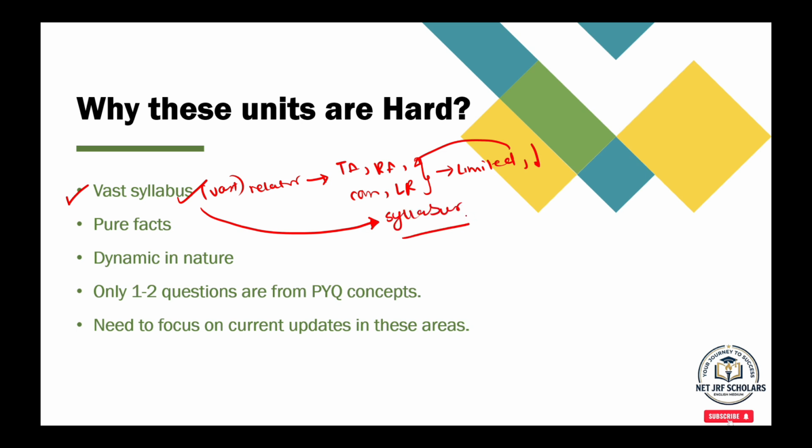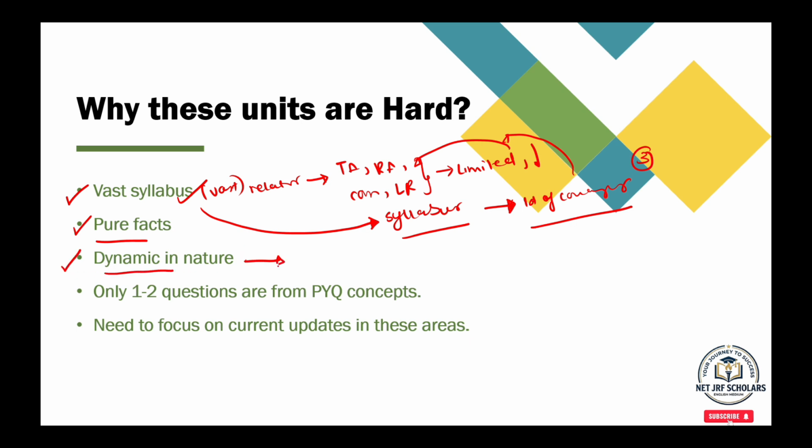As a result, they can ask any question from a lot of concepts. In teaching aptitude, research aptitude, communication and LR you learn the concepts, but in these 3 units they are pure facts. You need to remember the facts from these 3 units, and the questions are dynamic in nature.